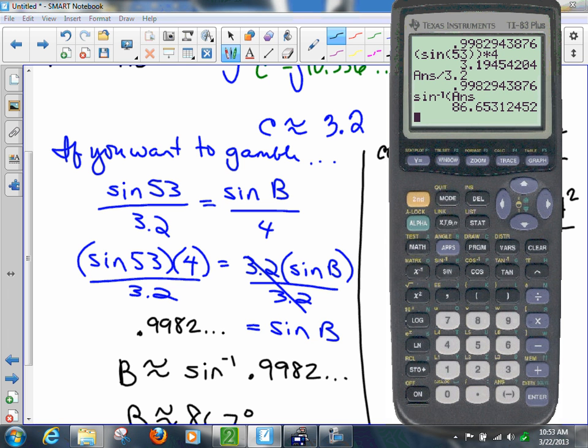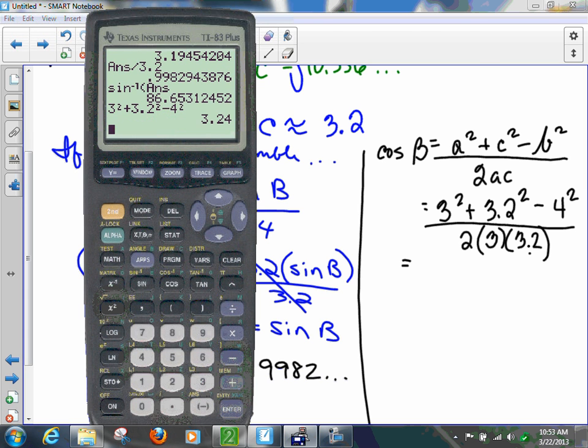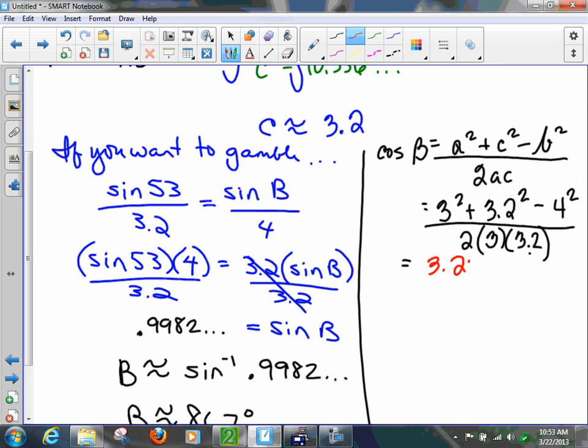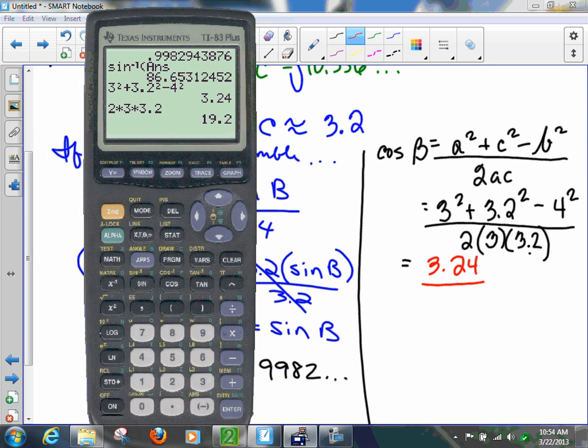All right, calculator. Let's see. So 3, that's not it. 3 squared plus 3.2 squared minus 4 squared. 3.24 over something that's not going to be easy to calculate in my head. 2 times 3 times 3.2, 19.2.